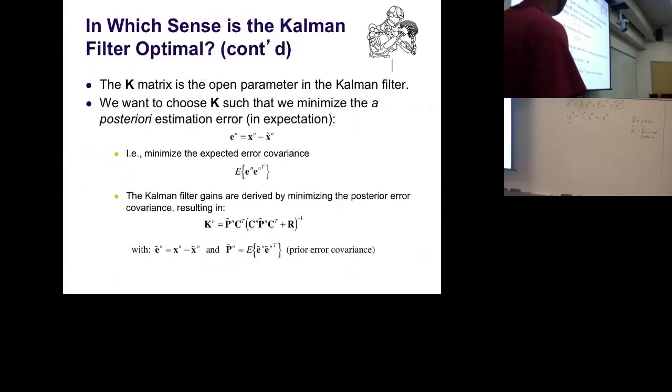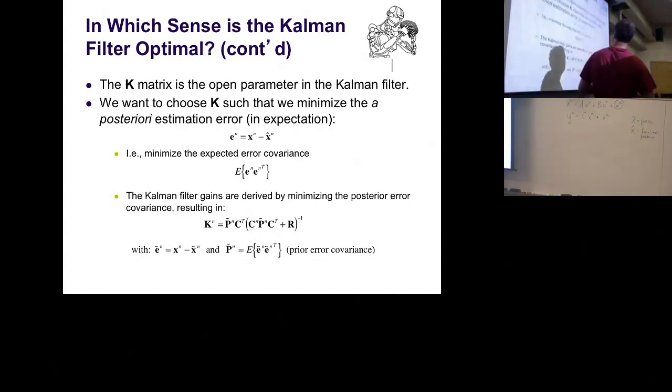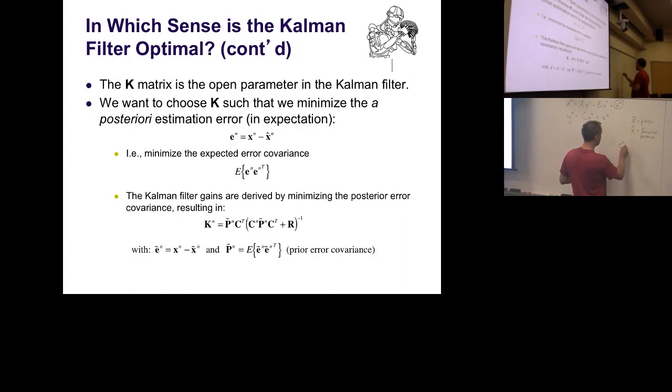Having this set up, we can now define some more things. Here's an error, En. And En as an error is simply the true state of the world minus my posterior estimate of the state of the world.